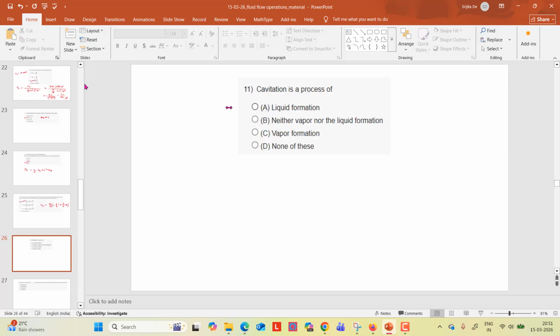Next, cavitation is a process of, so in cavitation what happens? In the low pressure area, bubbles form, right?